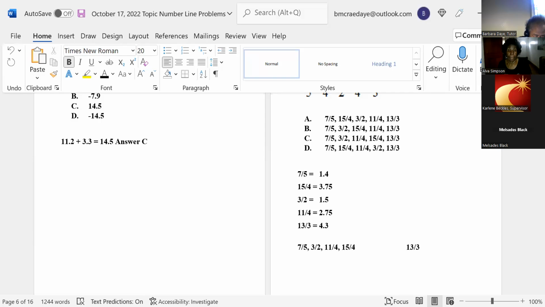Okay, let's put that back here and bring that over. Now, which one does that match? 7 over 5, 3 over 2, 11 over 4, 15 over 4, 13 over 3.